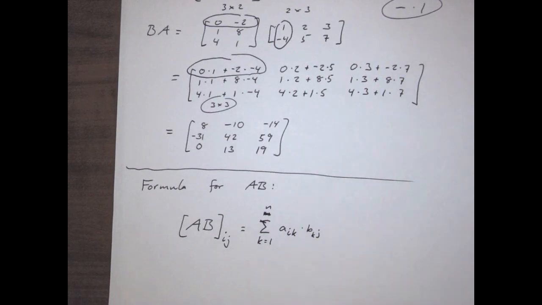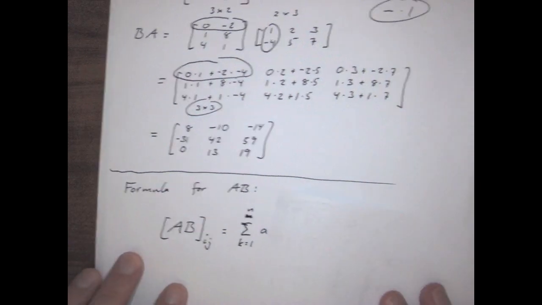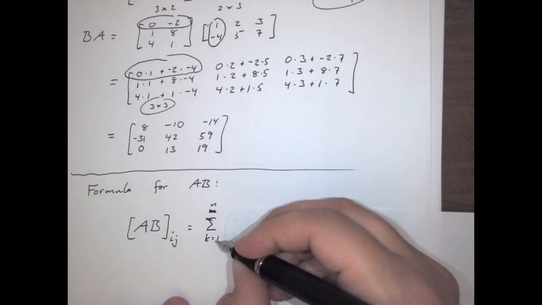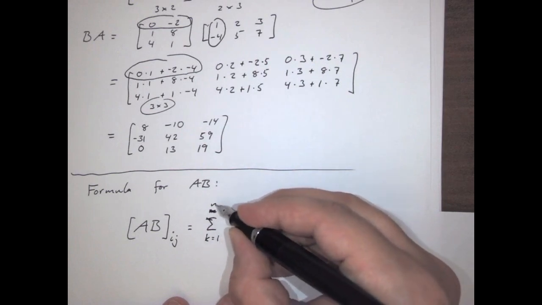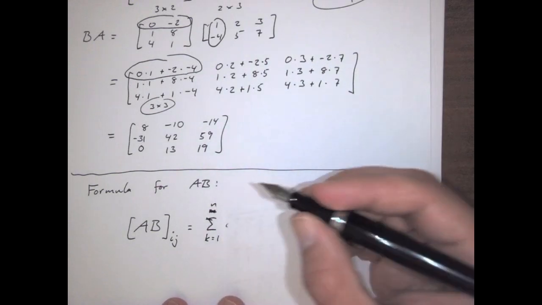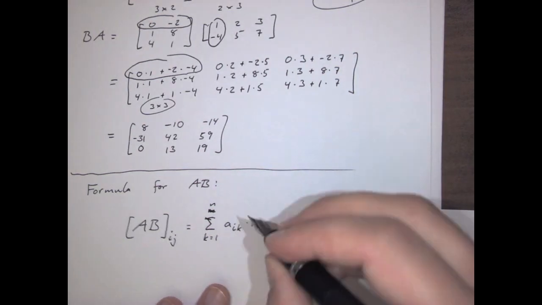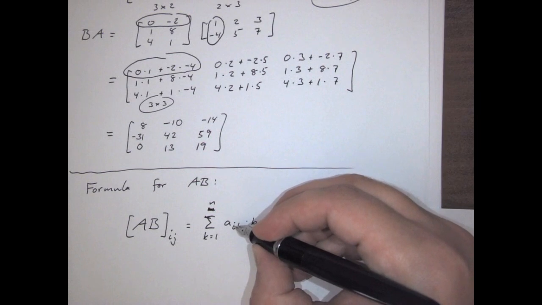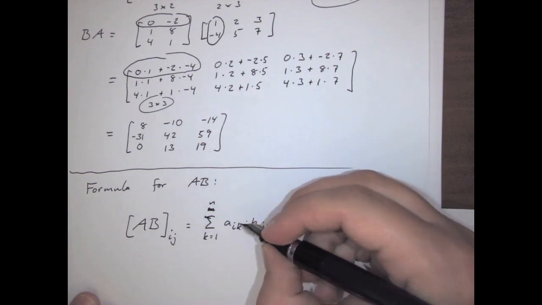apologies there, the camera cut out for a second, and so here's what I wrote in the meantime while the camera was out. So I wrote the K was going from 1 up to N, so that's the number of columns of A, or the number of rows of B, and then it's A, and the entry of the A for a row is the same as the entry we're looking at here.